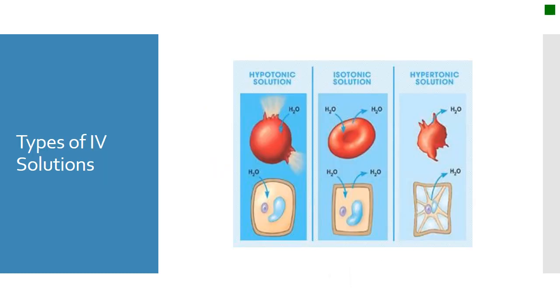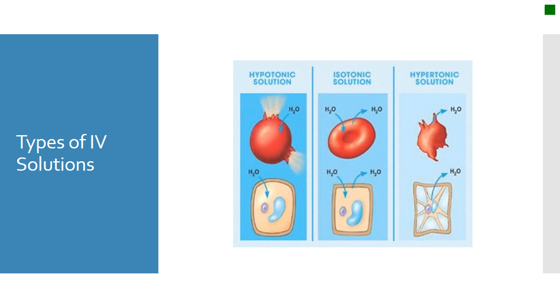Now we come to the types of IV solutions. Later in the program, we will associate what kind of fluid is which type of solution. But for the basic concept for now, we need to differentiate between a hypotonic solution, an isotonic solution, and a hypertonic solution.